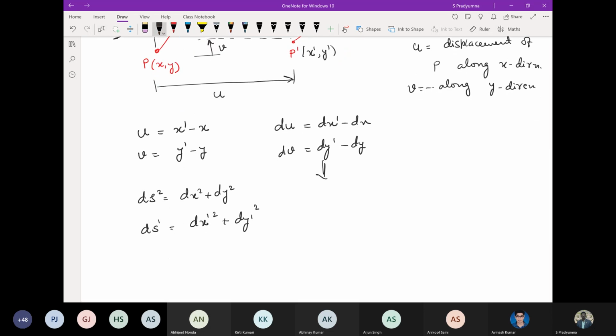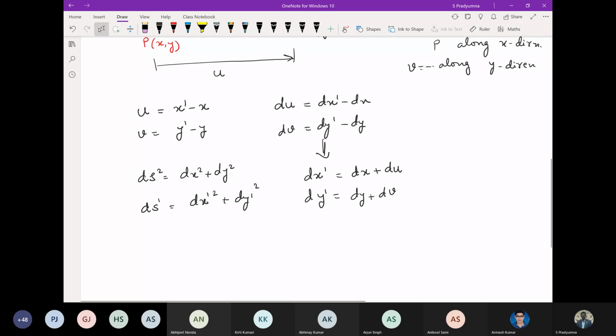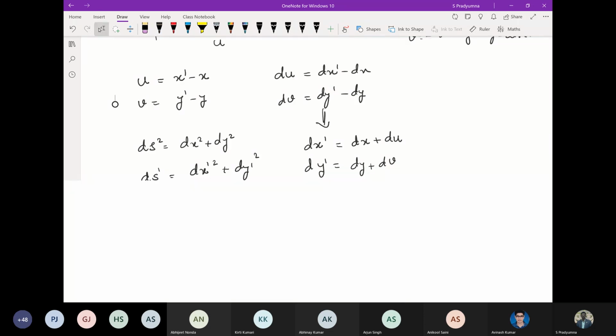From here, dx dash is equal to dx plus du, and dy dash is equal to dy plus dv. Clear? Now I can substitute for dx dash and dy dash into this to get ds dash square.